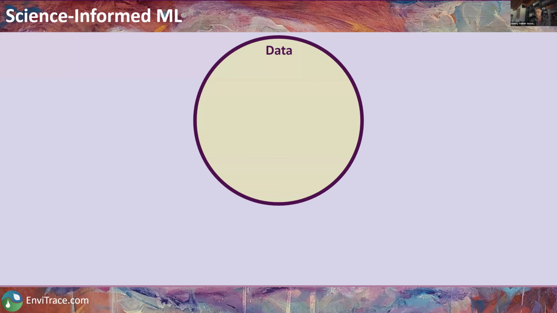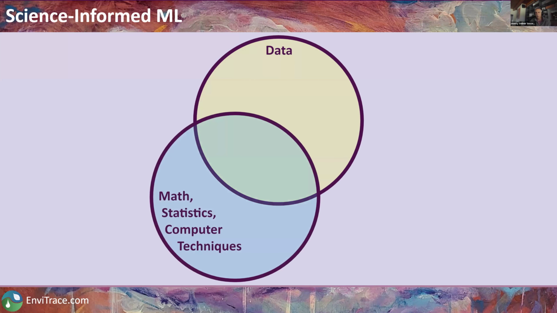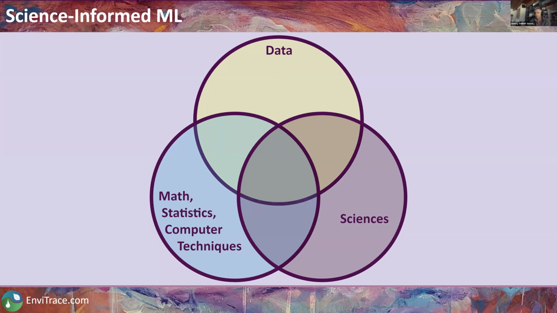You have data, you have a lot of math, statistics, and computer machinery that exist, and you have scientific knowledge. When you do machine learning, you're intersecting the data and the math and techniques. When you do empirical research, which was done for centuries, starting from Galileo, you are merging data and science.